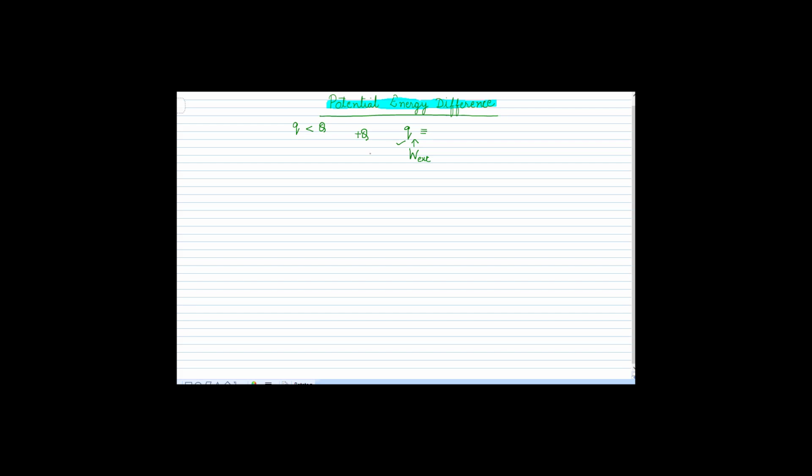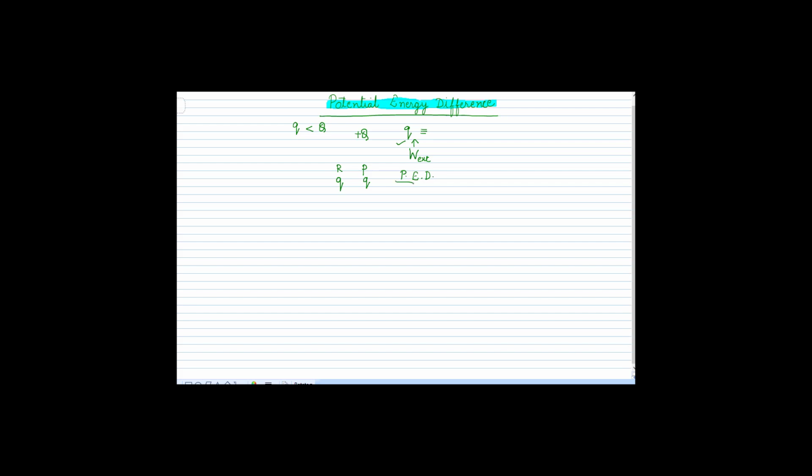Say we have just done with points R and P. So if we calculate the potential energy of charge Q at this point and the potential energy of charge Q at this point, then the difference of electrostatic potential energy between these 2 points give us the potential energy difference.